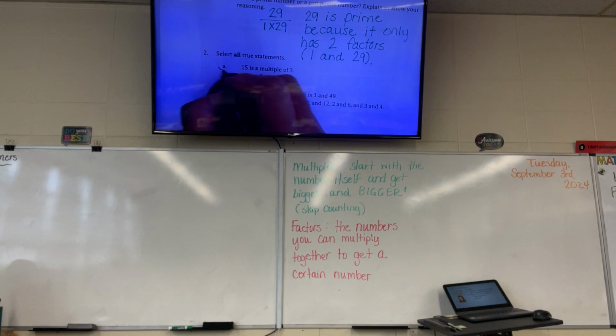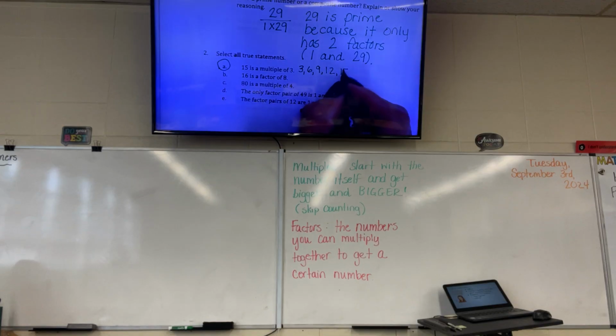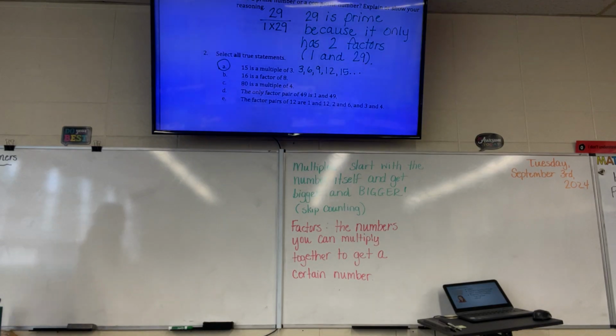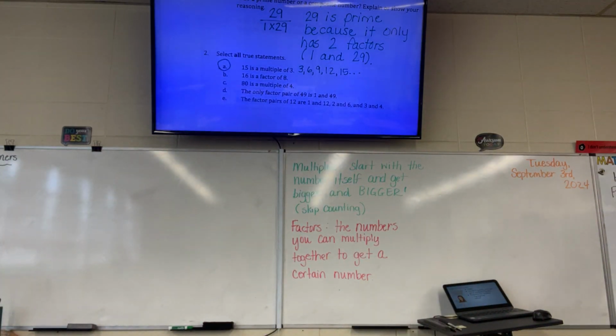We're going to circle it because it's true, and write 3, 6, 9, 12, 15, dot, dot, dot. We're writing out a list of the multiples of 3, and we see 15 on there.